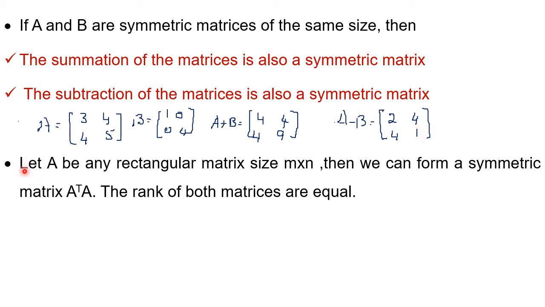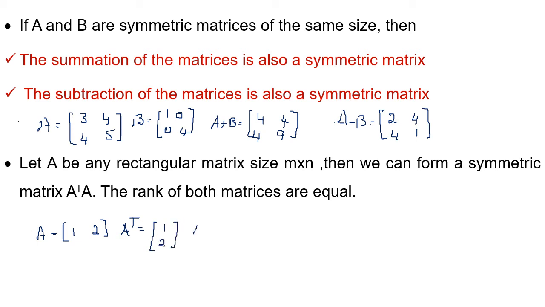Next one, let A be any rectangular matrix of size m cross n, then we can form a symmetric matrix A transpose A, and the rank of both the matrices are equal. So let us take a matrix A equal to 1, 2, and A transpose is also equal to 1, 2.